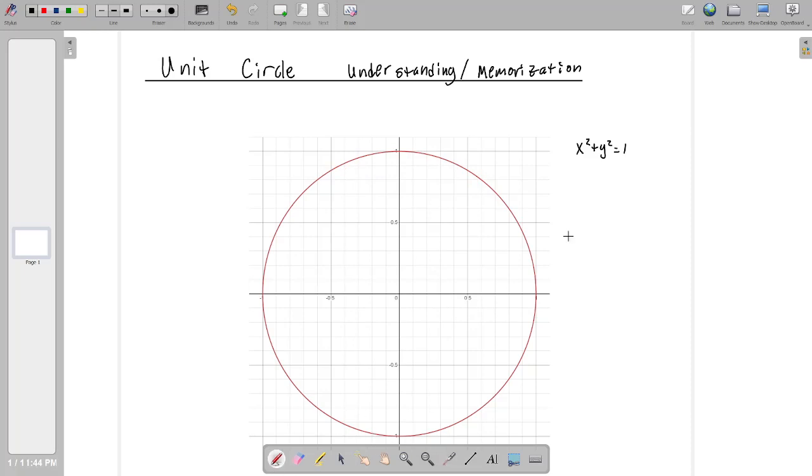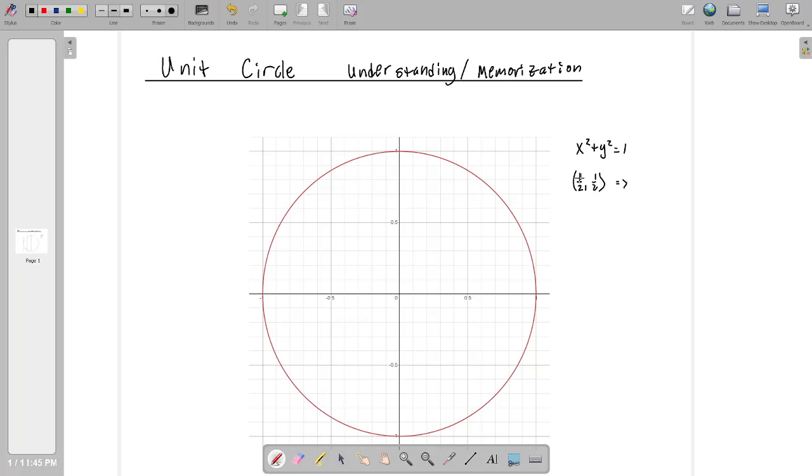And we can test whether a point is actually on the unit circle just by plugging in the x and the y value to this equation and determining if this equation actually holds true. For instance, if I suspected that (1/2, 1/2) was on the unit circle, I can easily plug in 1/2 for x and 1/2 for y.